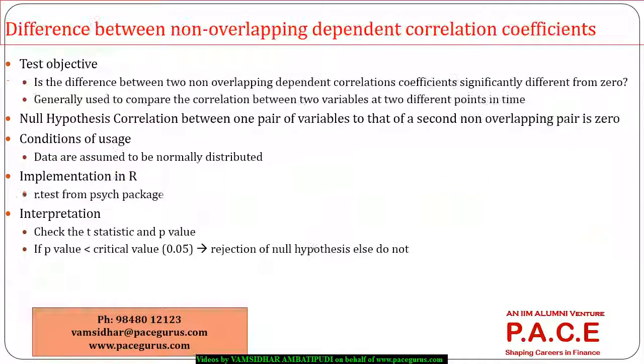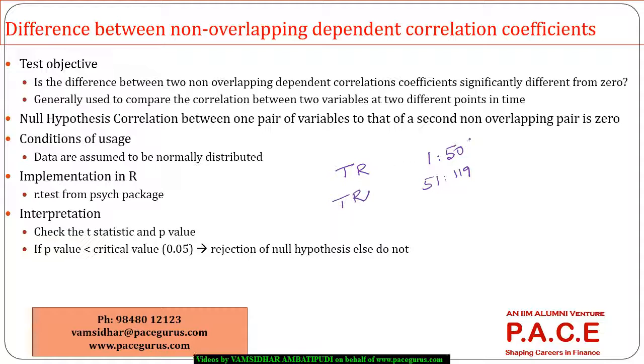Now, moving on to the next, where I want to find the difference between the non-overlapping dependent correlation coefficients. So the words are very clear, non-overlapping, but they are dependent. The earlier case, if you remember, we looked at 1 to 50 and 51 to 119, the telecom versus the reality sector.